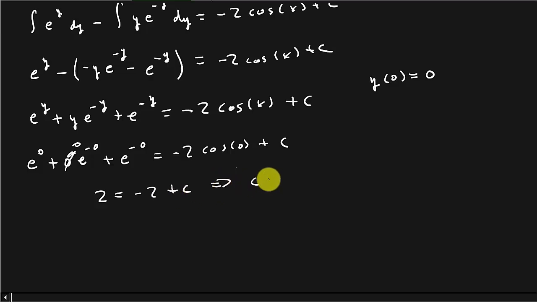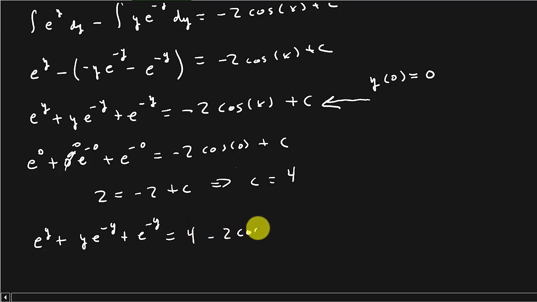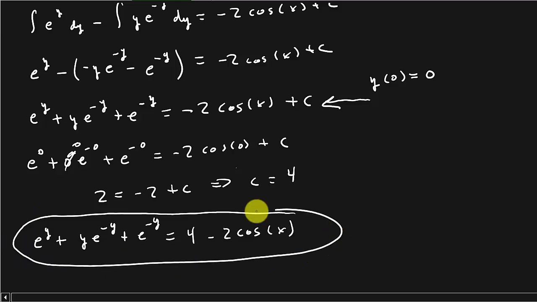So this tells me c is equal to 4. And so what I'm going to do is come back and plug that c into there. So I get e to the y plus y e to the negative y plus e to the negative y is equal to, put the 4 in for c, 4 minus 2 cosine x. And there you have it.